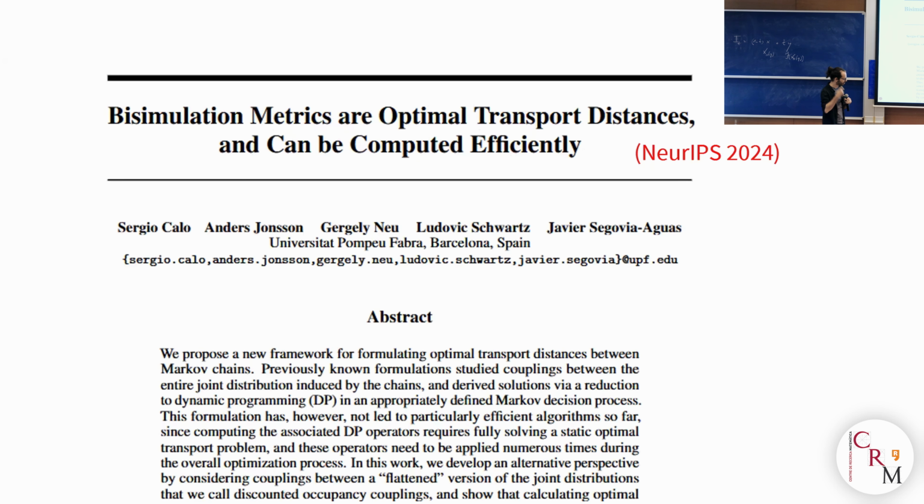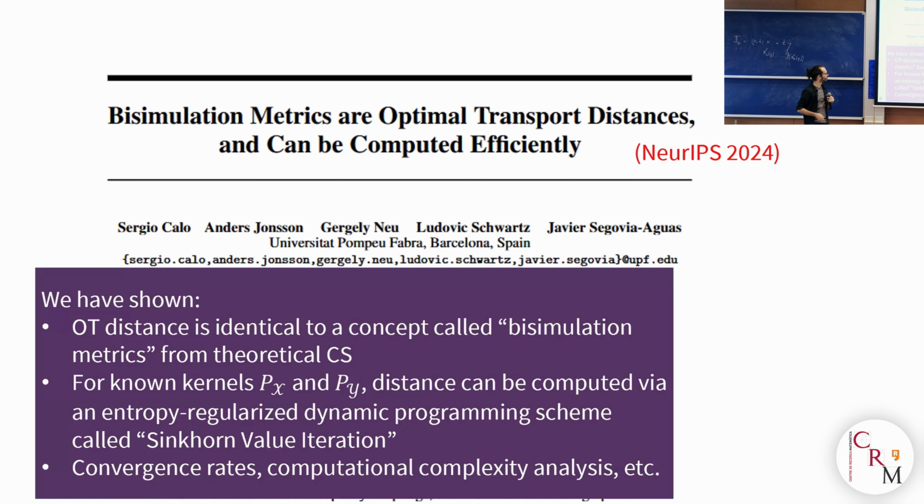All right, okay. So we started to work on this problem with my friends, some of whom are here. We had a NeurIPS paper in 2024 where we had a lot of fun. We managed to characterize a set of optimal solutions. We discovered the link between bisimulation metrics and optimal transport.